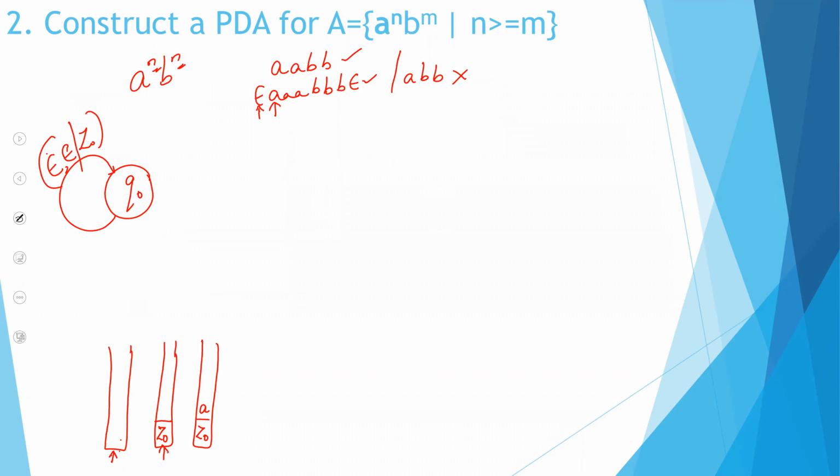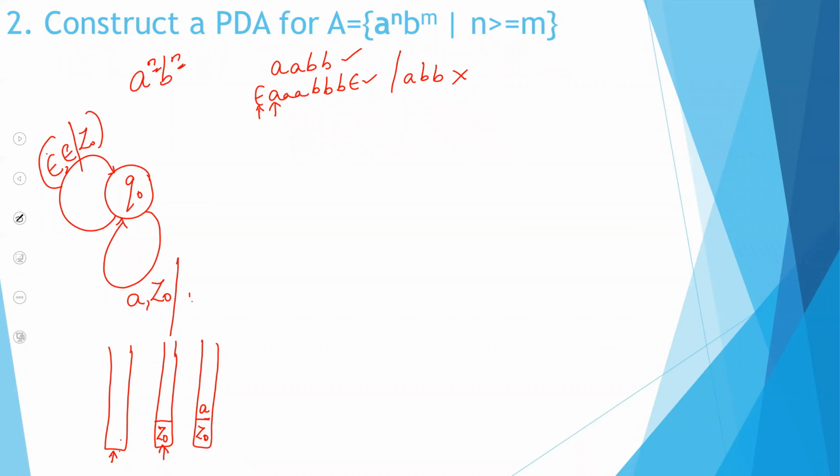So that is my first function. After that, what did I encounter? I encountered an A. When I encountered an A, what was the top of my stack? The top of my stack was Z0. And what did I push into the stack?